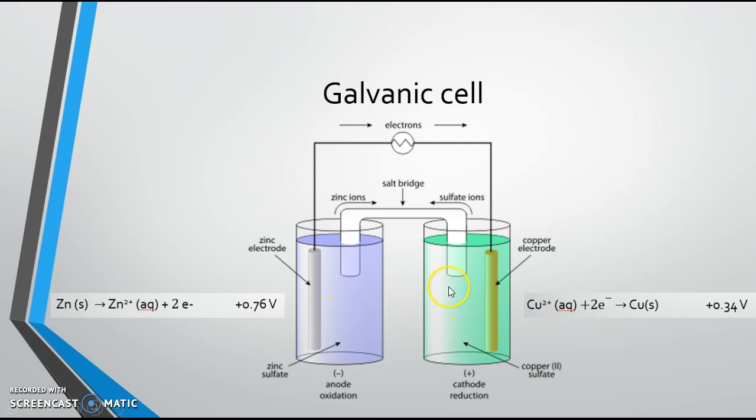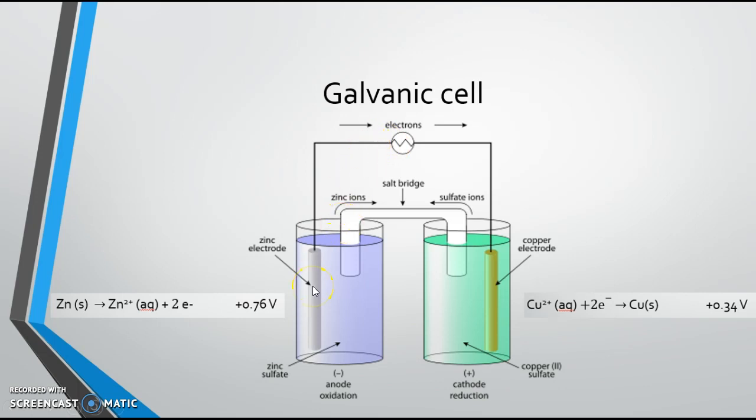And on the other side, the copper 2+ solution, I put it with copper metal, and then I connect the 2 metals with a wire where the electrons can flow through this metallic wire. And then I could connect this to some voltage meter or to some clock or something, or a light bulb, and I could use the electron flow to run a device.